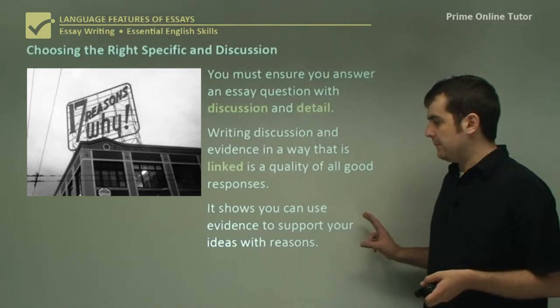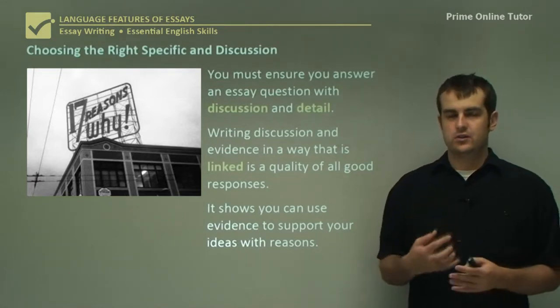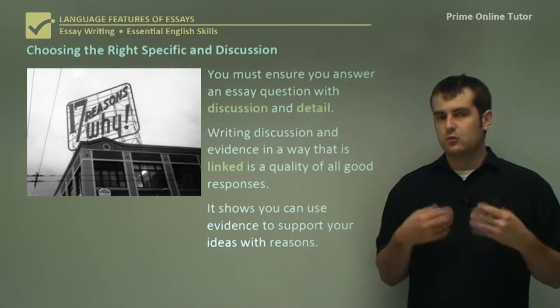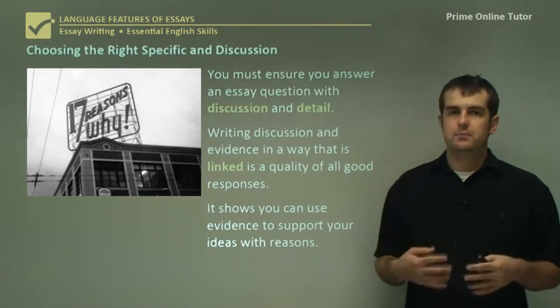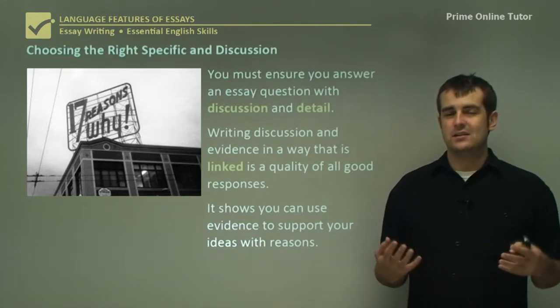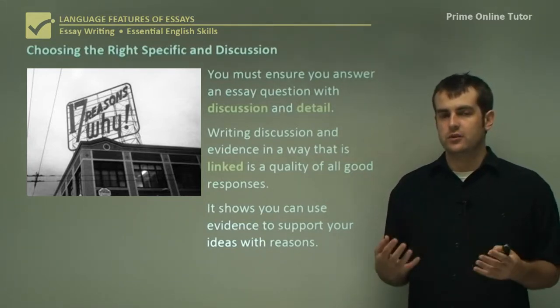By doing that, you're matching the criteria, matching what is expected of you, and developing your ideas in such a way that everything you write makes sense. And ultimately, that's what you're trying to do.